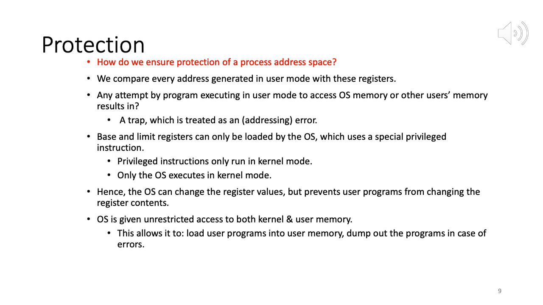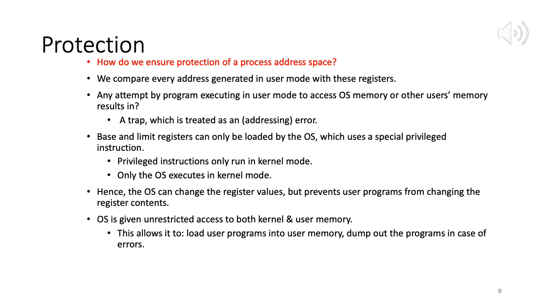What we do is compare every address generated in user mode with these registers. We'll have a string of memory accesses generated, something like 100, 101, 102, 103, and so on.